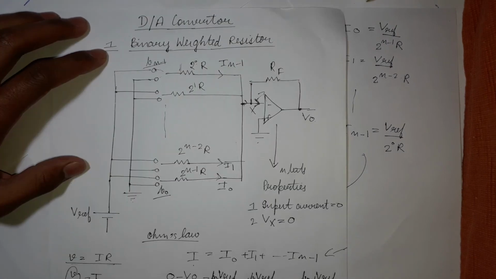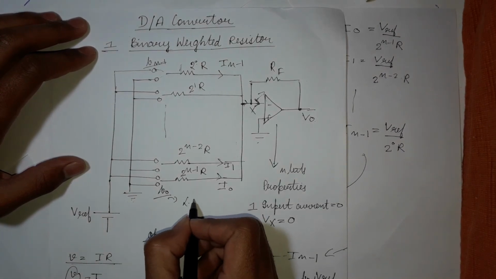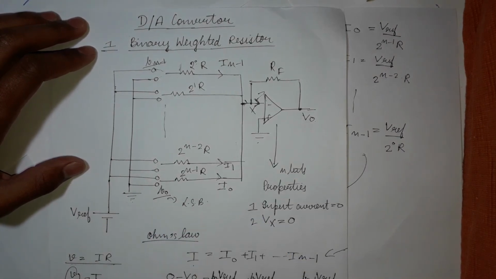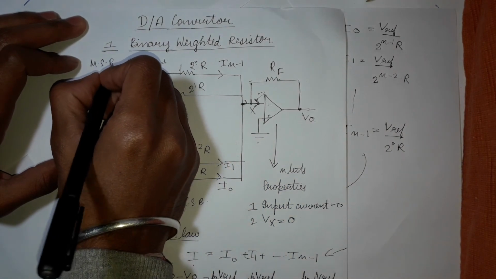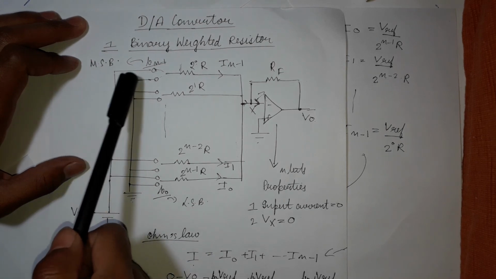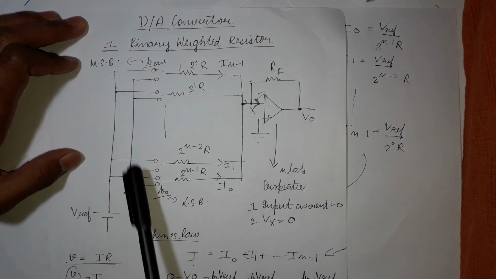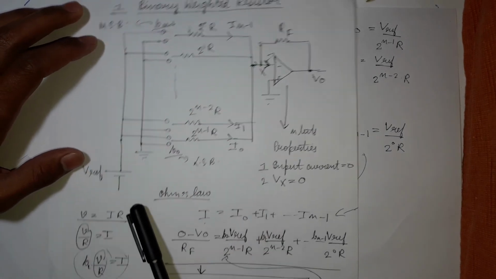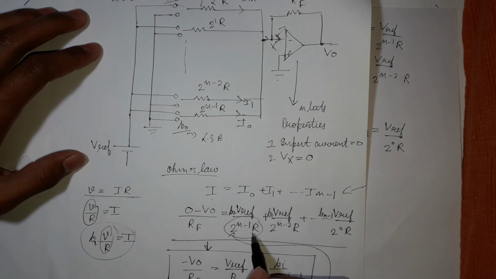One last thing guys, before ending the video, I just want to tell you that this is the least significant bit and this one is the most significant bit. Why most significant bit? Because when we talk about its current, from here we can see B0 is divided with the highest resistance.